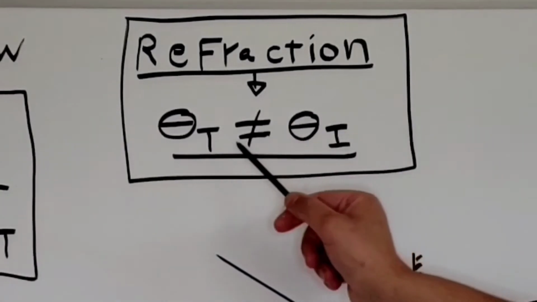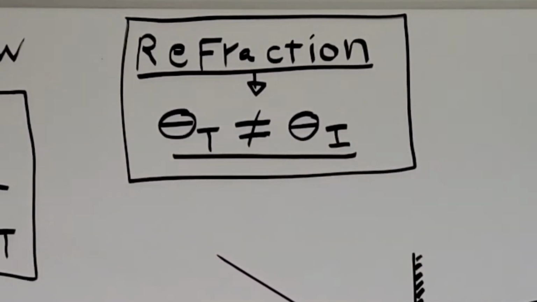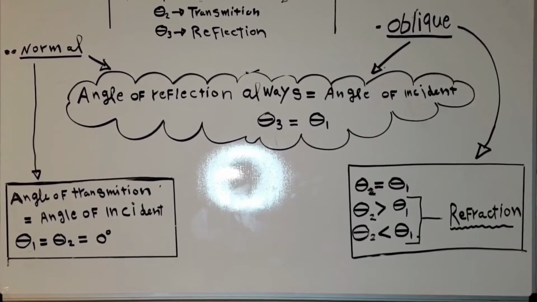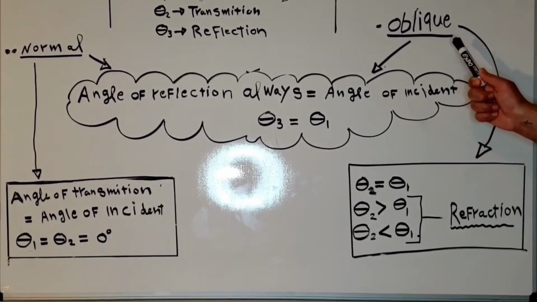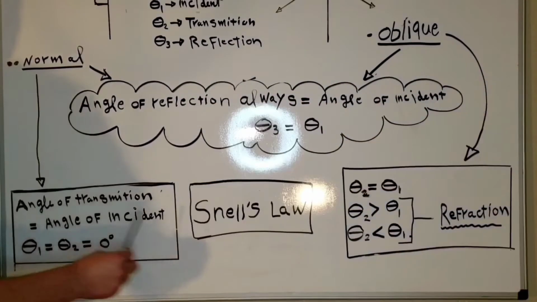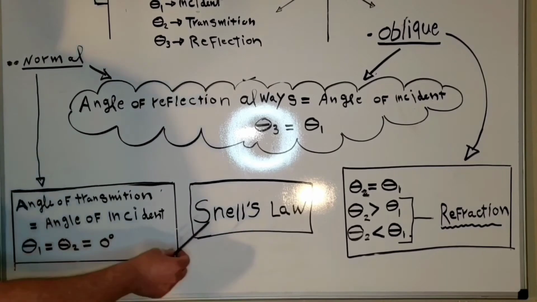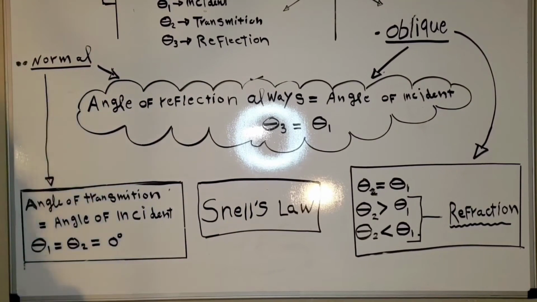Refraction means that the angle of transmission is not equal to the angle of incident. So as we see here, refraction happens only on the oblique incident and it cannot happen on the normal incident. Now we'll use Snell's law to understand why in normal incident refraction will never happen.